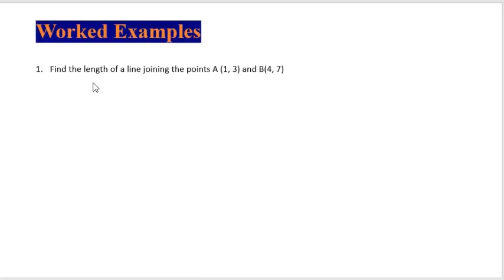In our first example, we are to find the length of a line joining the points A and B. Before you can calculate the distance between 2 points, or the length of a line joining 2 points, there's the need to know the values of x coordinates and then the values of y coordinates.